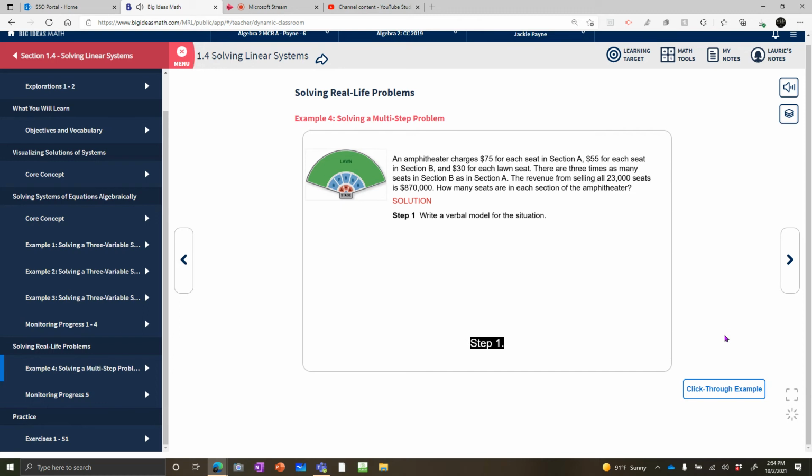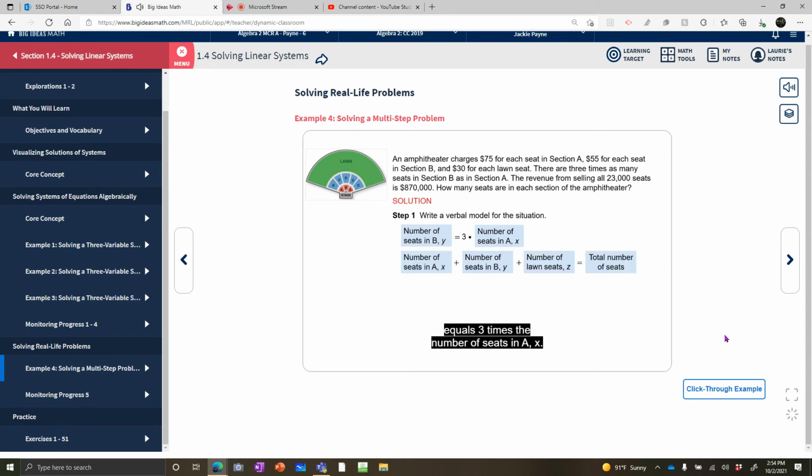Solution. Step 1. Write a verbal model for the situation. Let X be the number of seats in section A, Y the number of seats in section B, and Z the number of lawn seats. You know that the number of seats in B, Y, equals 3 times the number of seats in A, X. You also know that the number of seats in A plus the number of seats in B plus the number of lawn seats equal the total number of seats, which is 23,000.